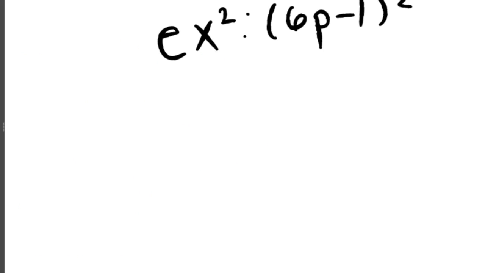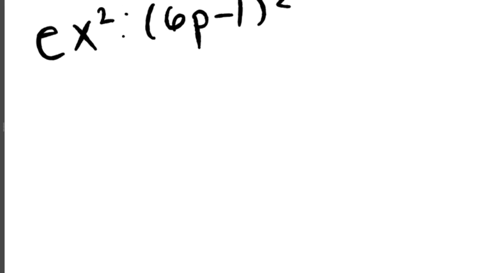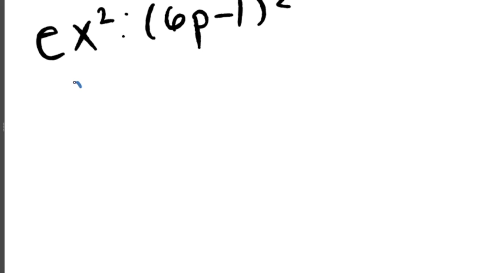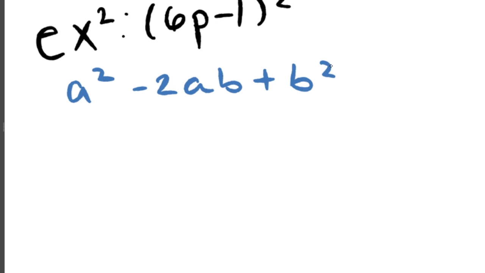Continuing on, we have our next example, which is 6p minus 1. Whatever our a and b is, it's going to equal a squared minus 2ab plus b squared. Here you can see that a is 6p and b is 1.